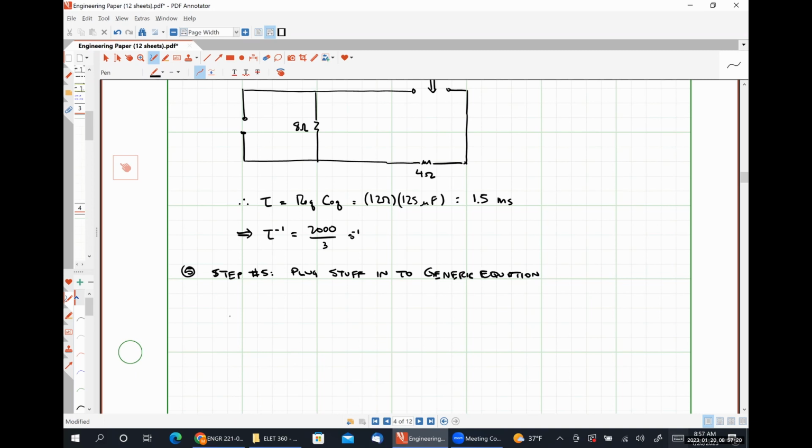So our generic equation is as follows: y of 0 minus for t less than 0 minus, y of 0 plus minus y at infinity, all multiplied by e to the negative t over tau, plus y at infinity for t greater than or equal to 0 plus.